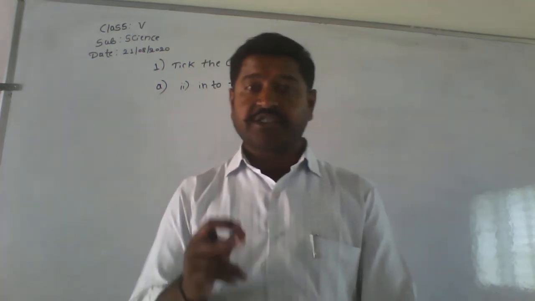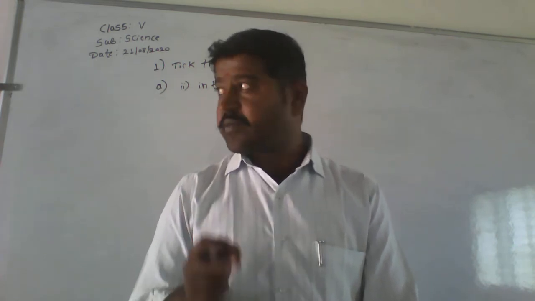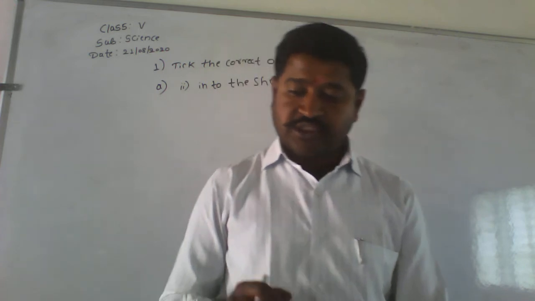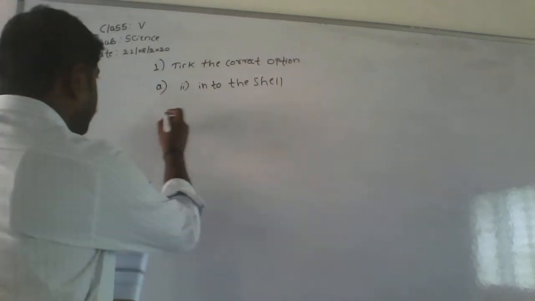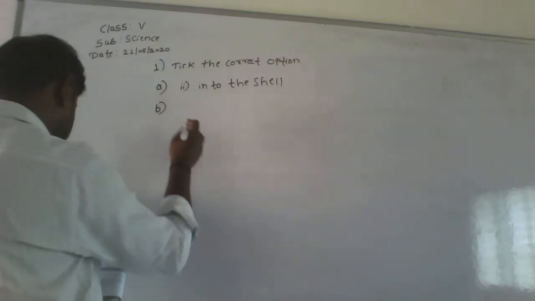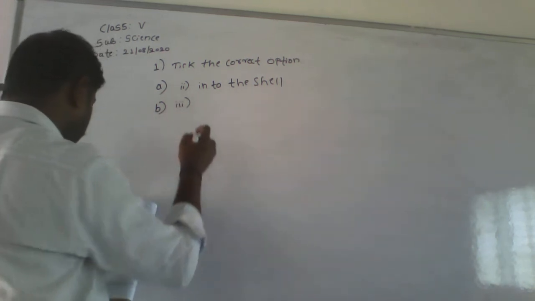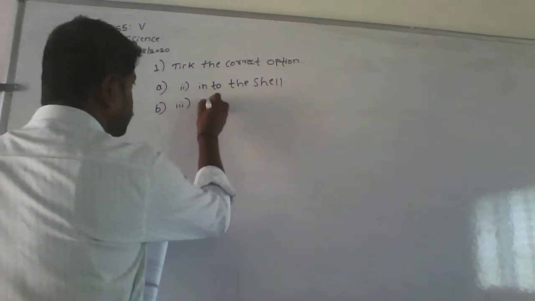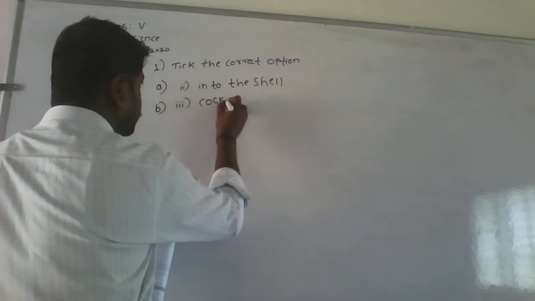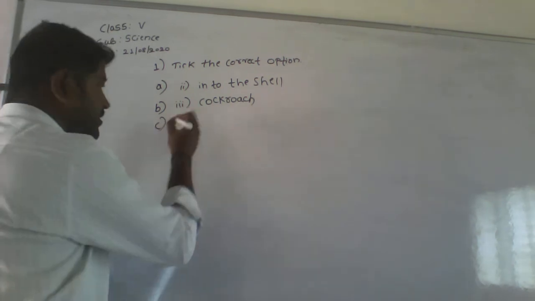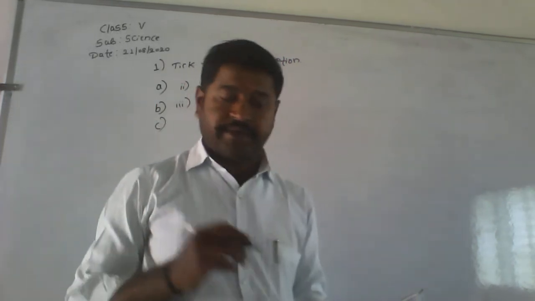Fish is going to use gills, whereas salamander is also not using spiracles. Cockroach is using spiracles. So for B, the third option, that is cockroach, is the correct option.